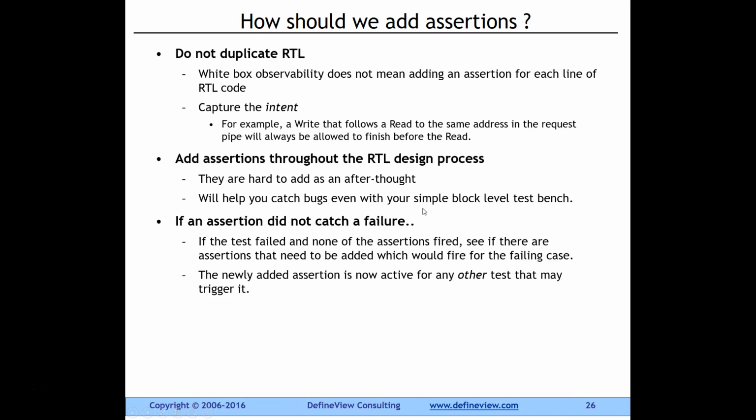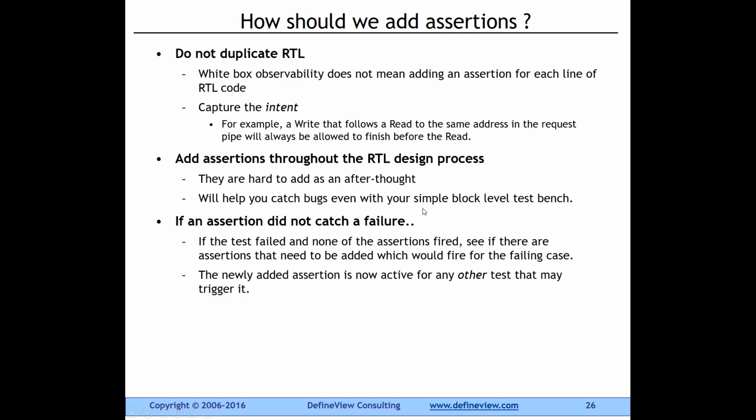If an assertion did not catch a failure, let's say you ran a test and the test failed and none of the assertions fired, and then finally you go through this wonderful black box observability debug process, go back and back and back, and finally find where the bug is, you should note that if I had put an assertion there, I would not have had to go through this trouble.